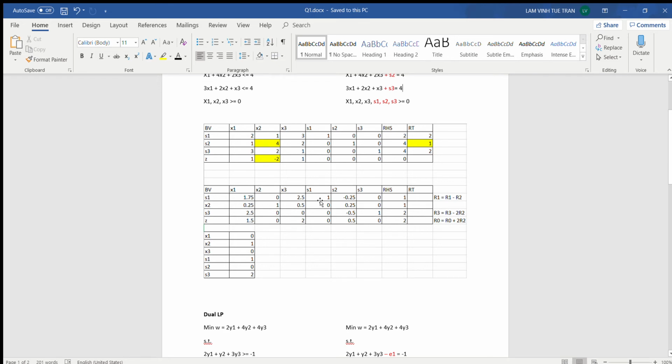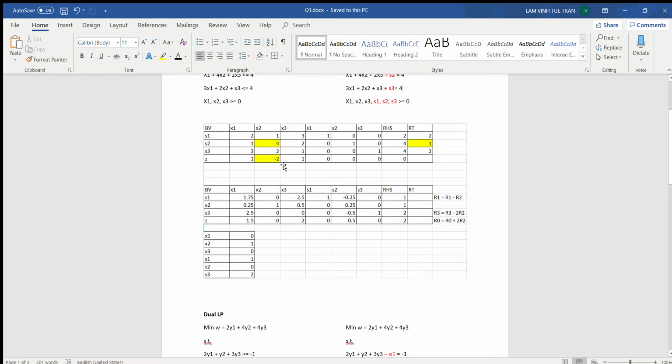I need to turn this 4 into 1, so I divide the s2 row, the second row, by 4.